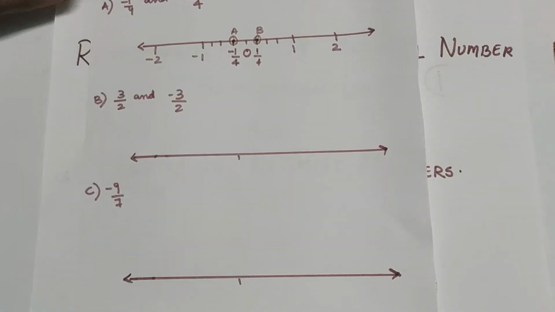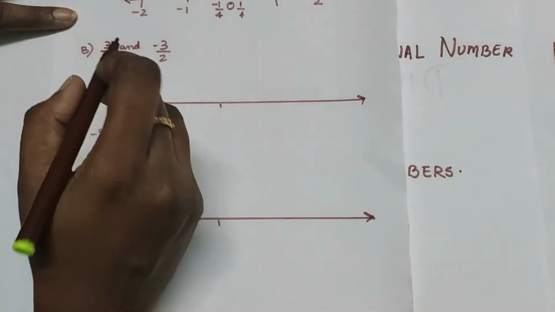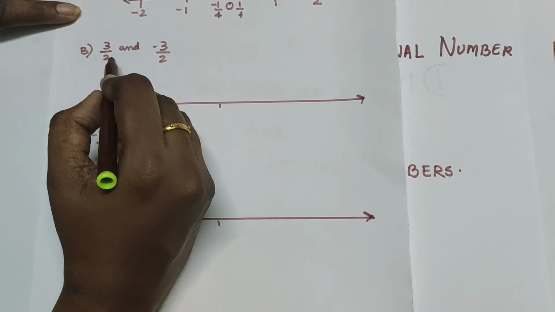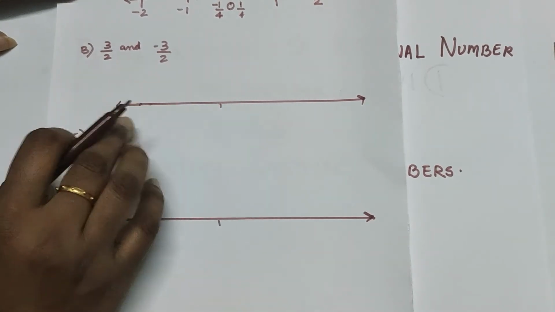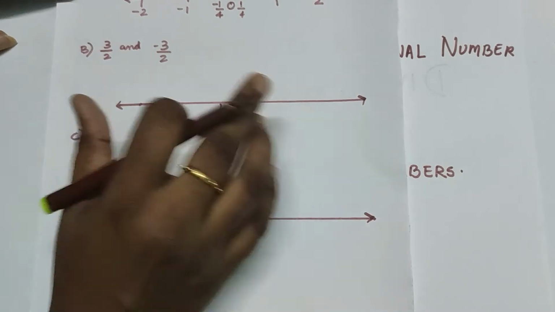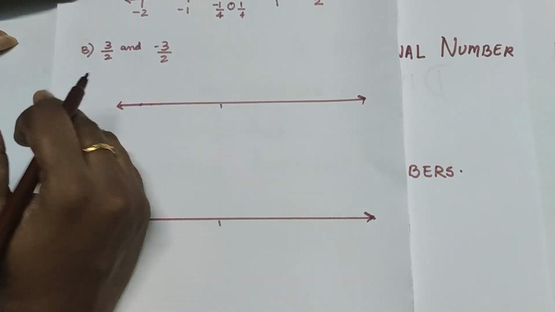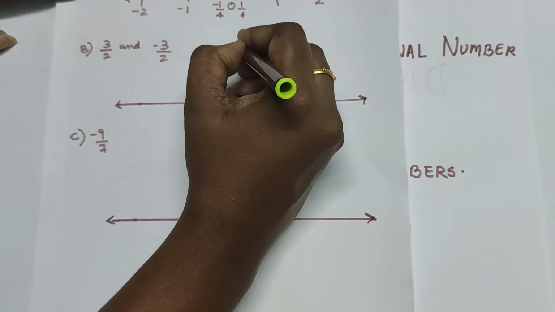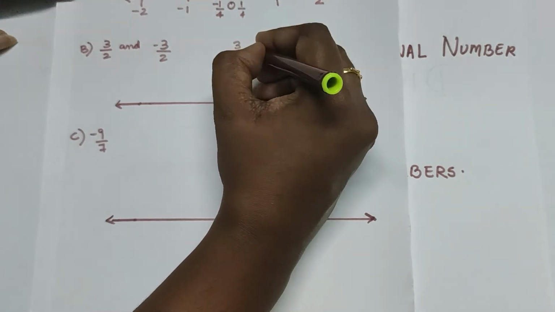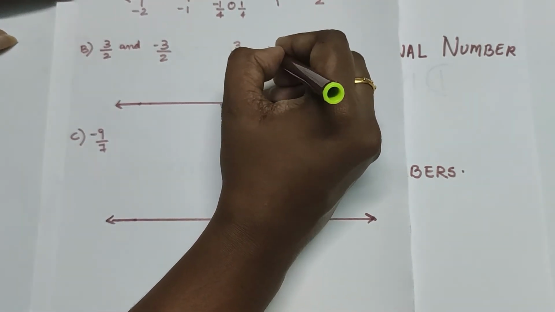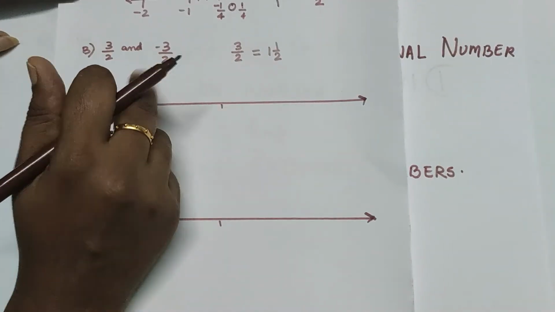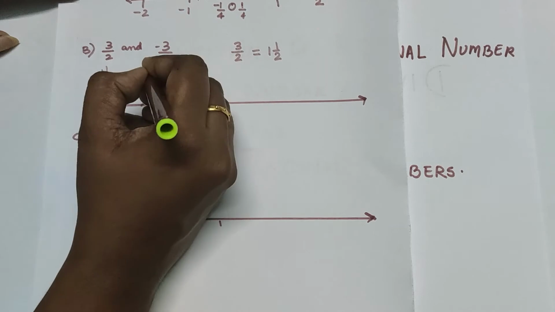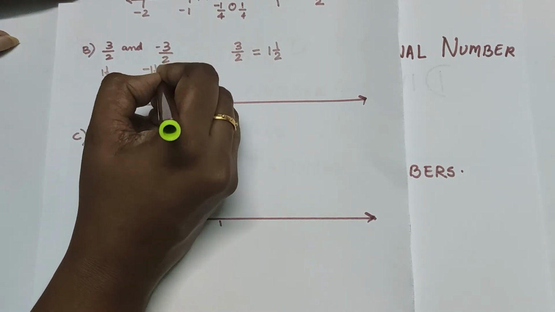Let us try the same for the next question, where it says rational numbers 3/2 and -3/2 are to be plotted on the number line. So I have my number line. If you see, 3/2 is more than 1. If I convert it into a mixed fraction, it will be 1 1/2. So it's more than 1. On both sides, this is 1 1/2 and this is -1 1/2.